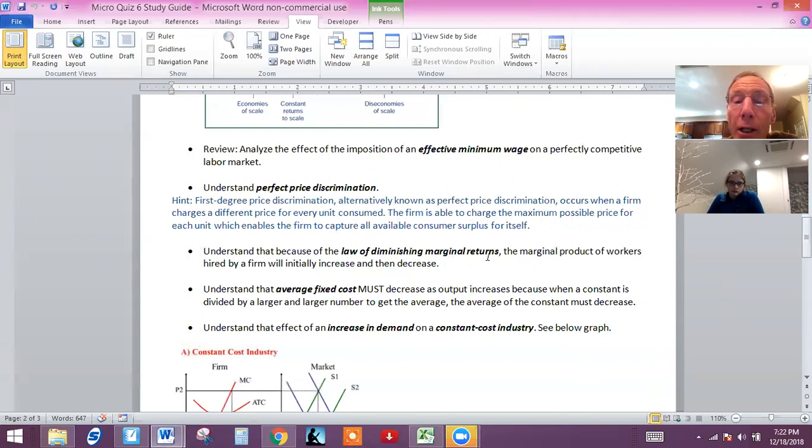Okay, now this one right here is just understanding that, going back to my example of the bakers and the oven, if you've got two ovens and only one baker, the marginal product is initially going to increase, right? Because two bakers can probably bake more. Let's just think of an example.